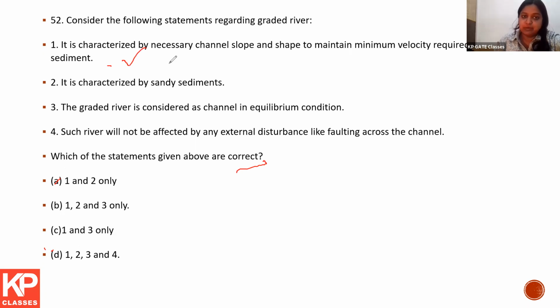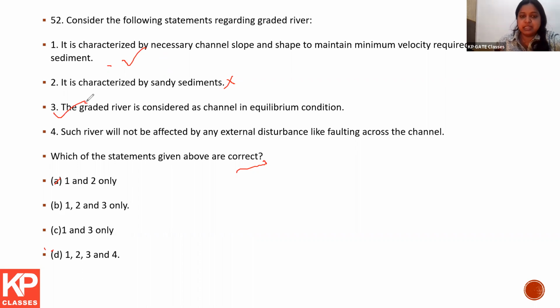Yes, it is a correct statement. It is characterized by sandy sediment. No, it is not characterized by sandy sediments. Graded rivers are considered to be in a channel equilibrium condition.